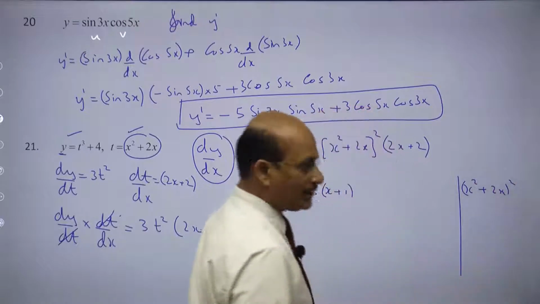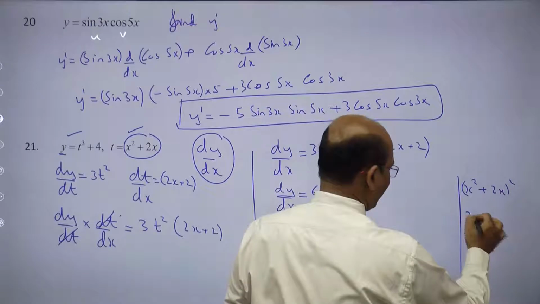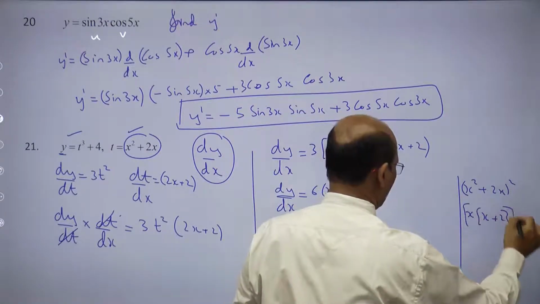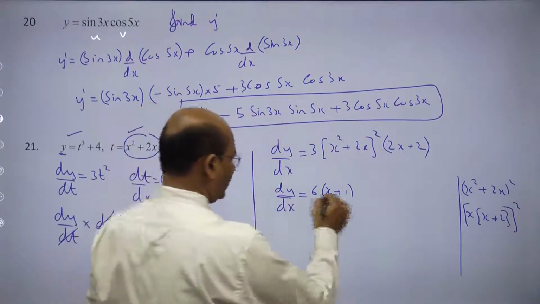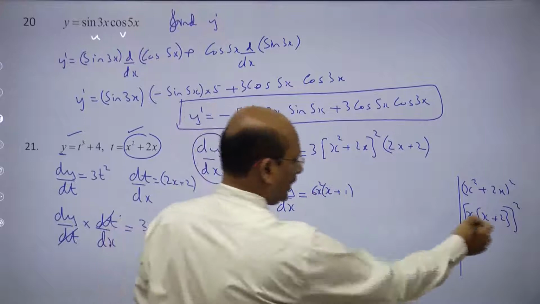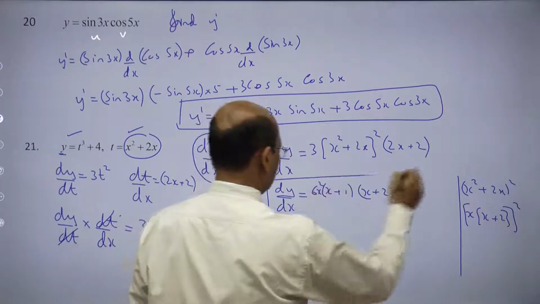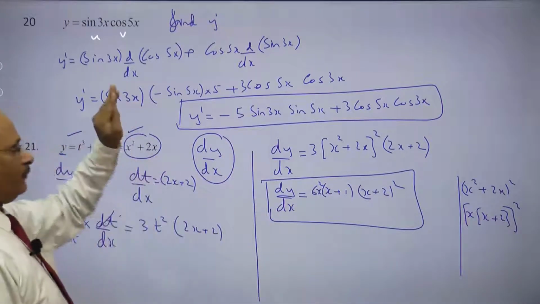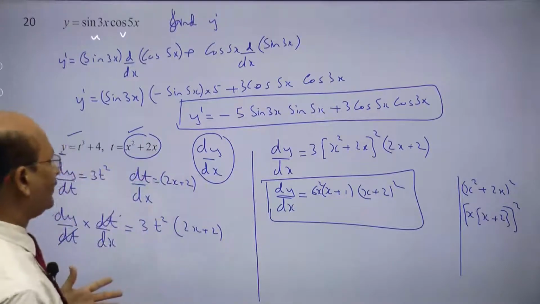So, what I can do is I can take x common inside. So, if I take x common inside, this will become x plus 2 and this complete square. So, if I take out common, this will become x square and this will become x plus 2 whole square. It is basic maths. I am not doing anything very abnormal in complex differentiation.